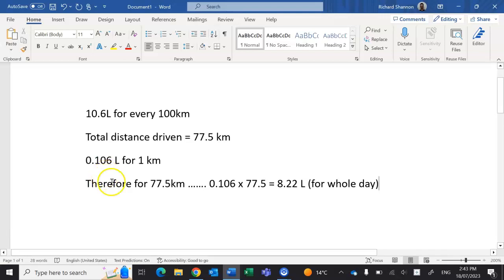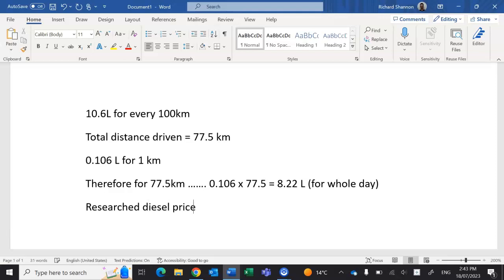But then we need to go and research. I'm not going to do that right now. You can do that. Research diesel cost or diesel price, and screenshots for all this stuff. So let's say it's $1.84 per litre.